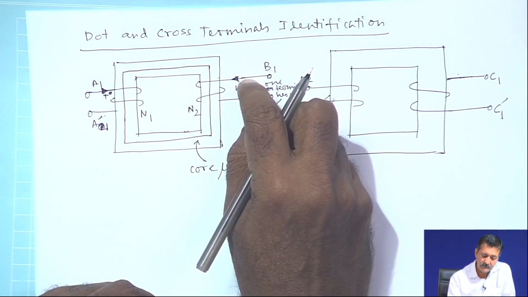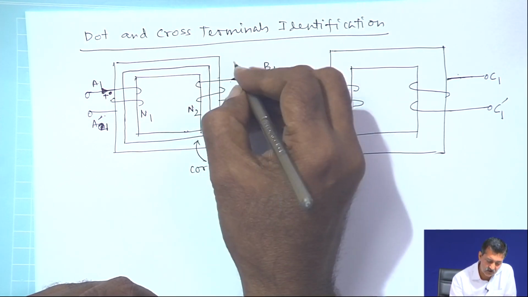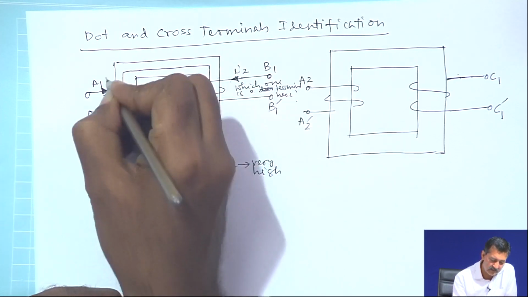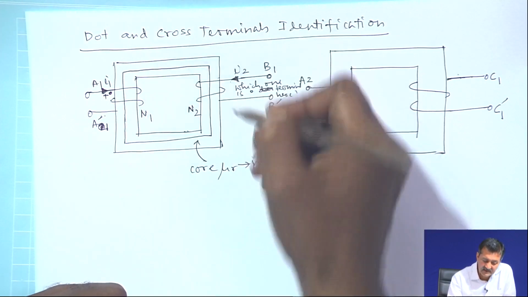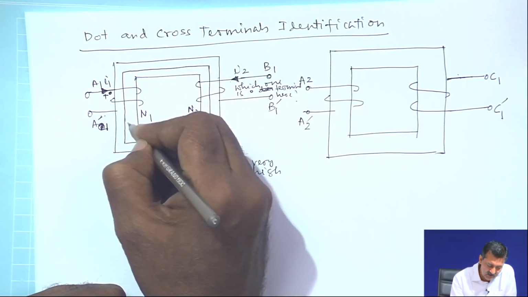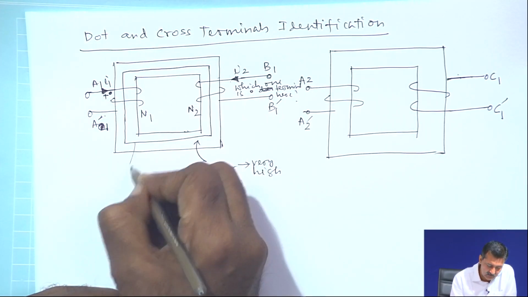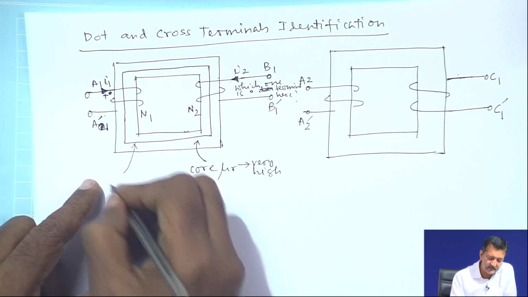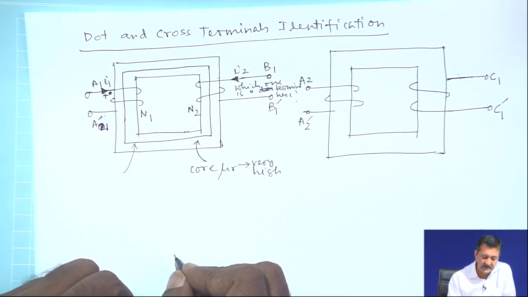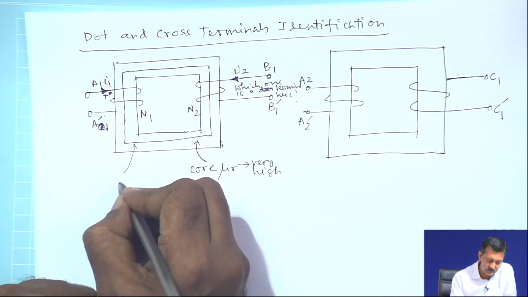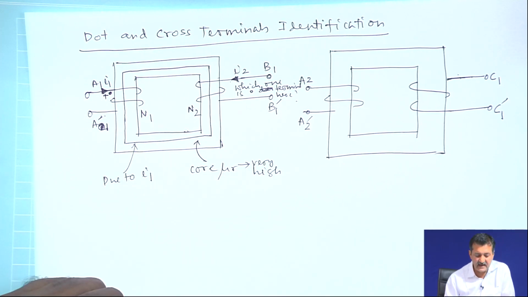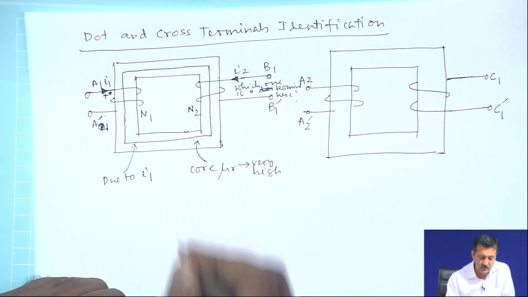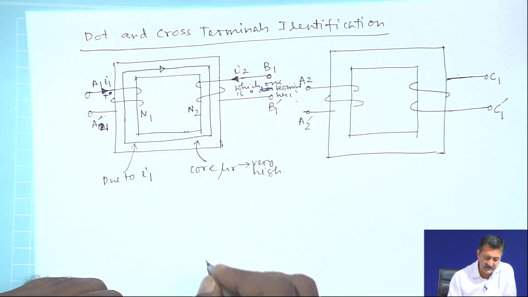Let us call this current I2 and the first current I1. The flux lines are created by the current I1, and the arrow of the flux line is this.